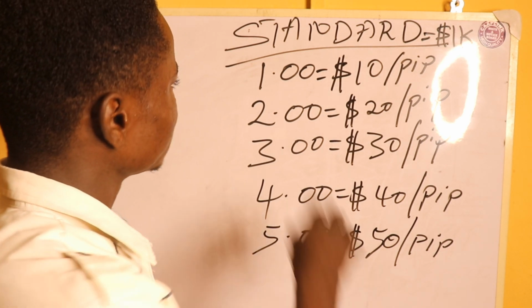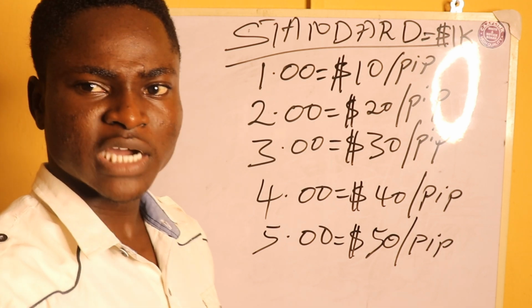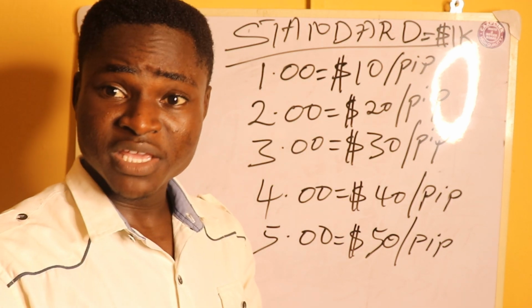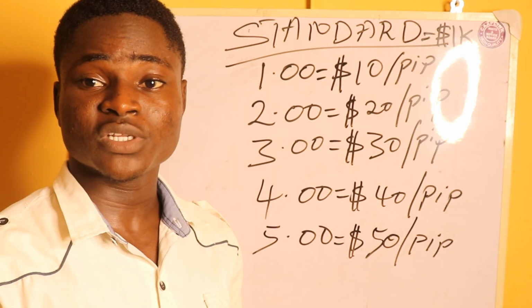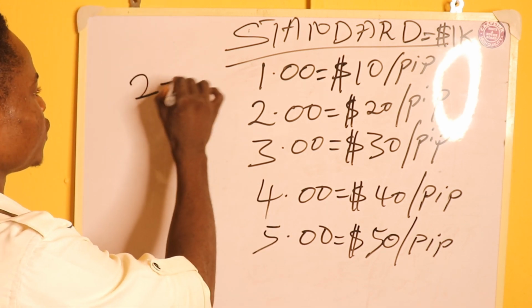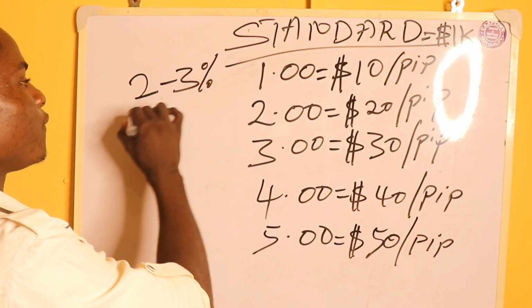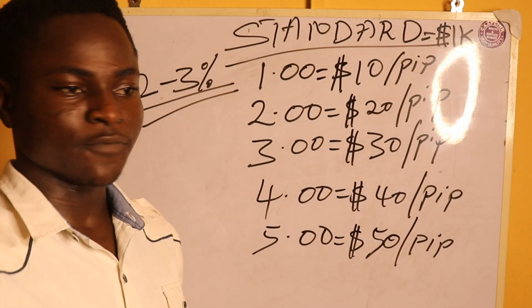And this one standard lot is still kind of big for your $1,000 account, based on the fact that I teach my students that they should be risking 2 to 3% of their account size on each trade that they take in the forex market.